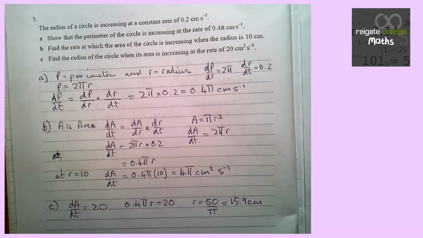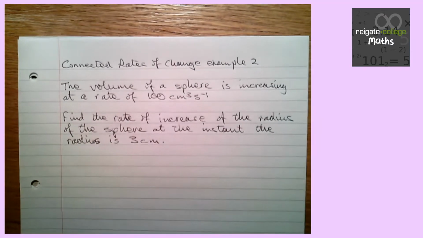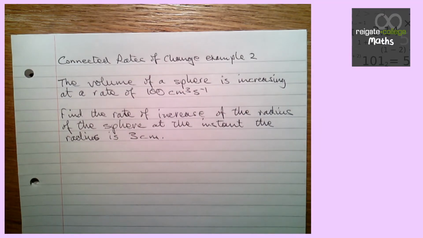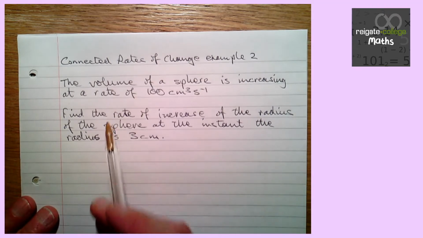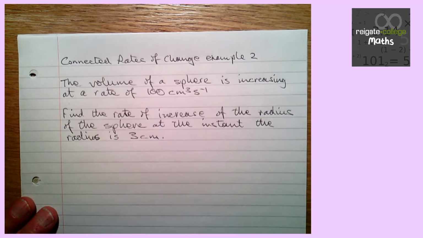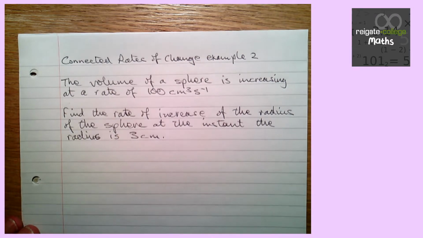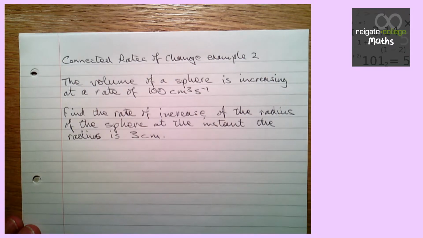I'm just going to do a second example because I think it's quite useful to see a volume one as well. So here we're going to say the volume of a sphere is increasing at the rate of 100 centimeters cubed per second, and we want to find the rate of increase of the radius of the sphere at the instant the radius is 3 centimeters.